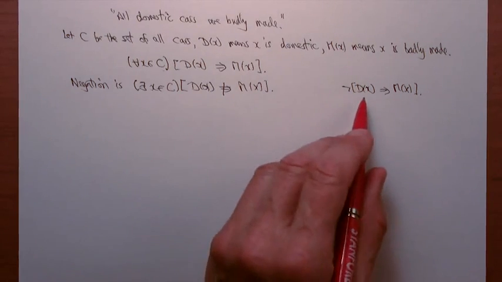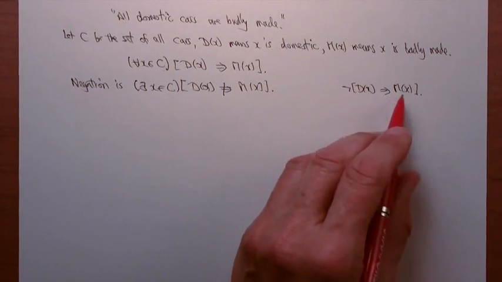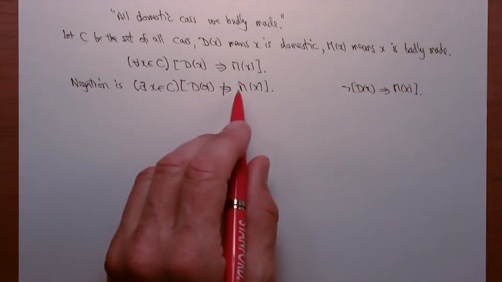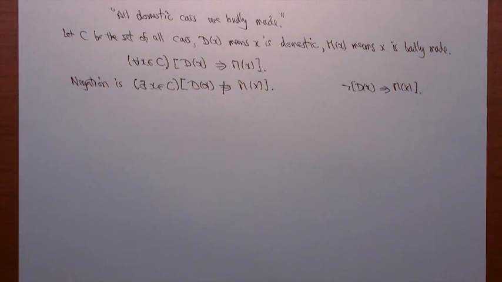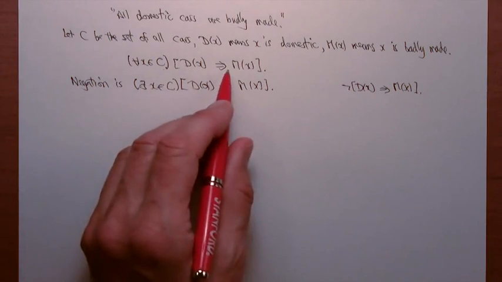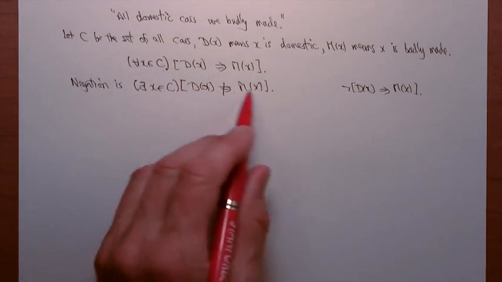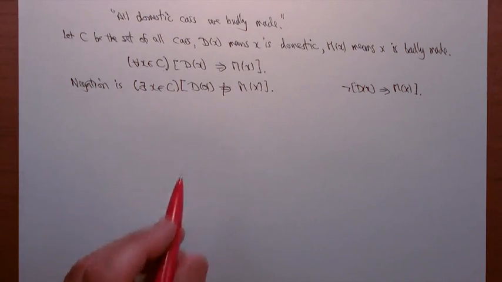Well, it's not much of an abbreviation, but instead of writing not D of x implies M of x, I've used this simpler notation, D of x does not imply M of x. But in any case, looking at our previous example, the one that I illustrated with the motorist, when you take for all x something and you negate it, you get there exists x with the negation of the thing inside. Just compare what's going on here with the previous example.